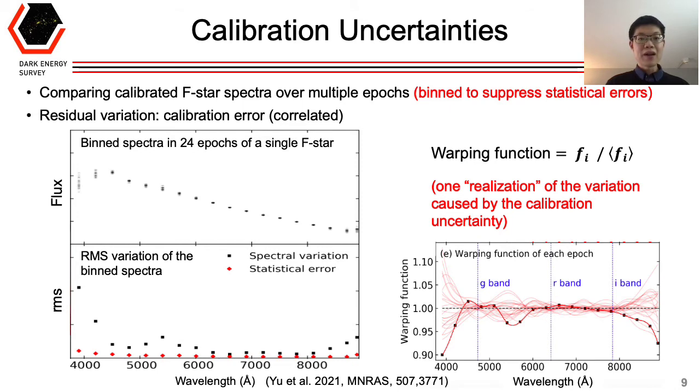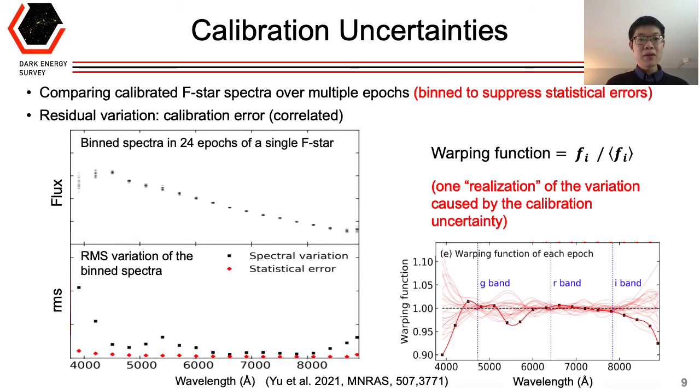We then define a warping function as the single epoch F-star spectra divided by the mean spectra, as examples shown in the right figure. Each of these warping functions can be seen as a realization of the variation caused by the calibration uncertainties.